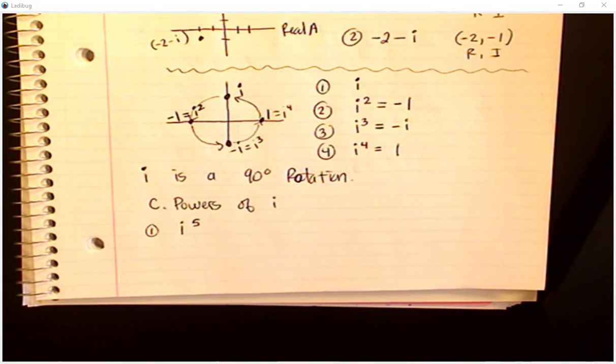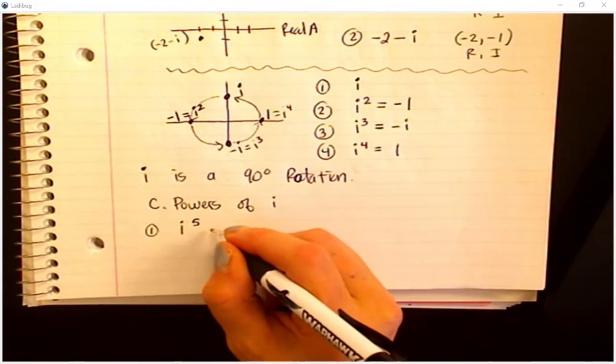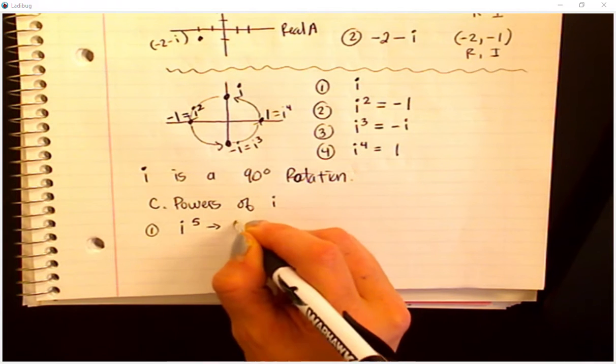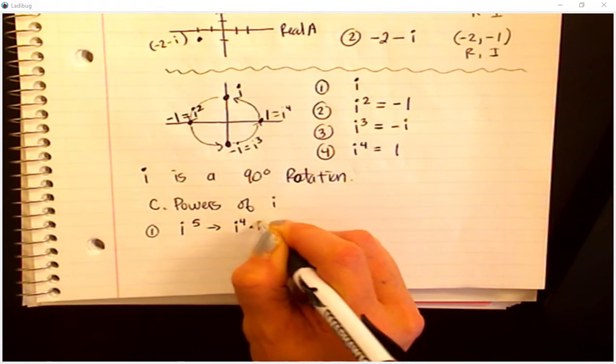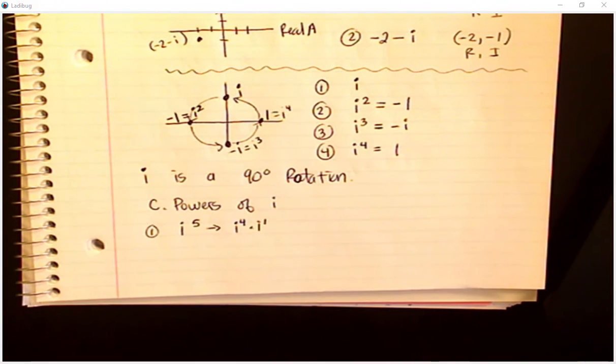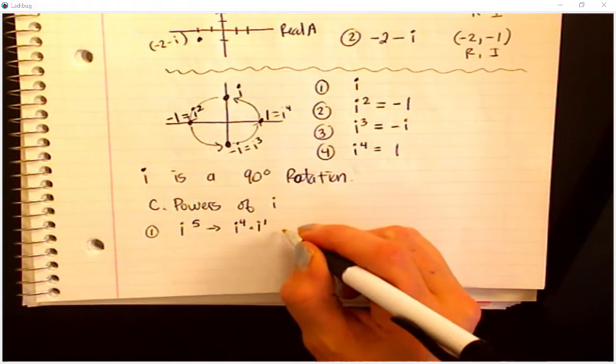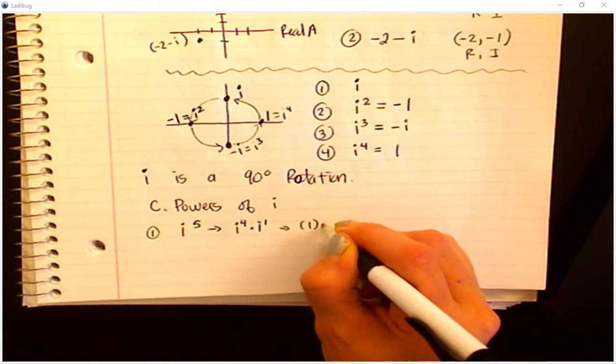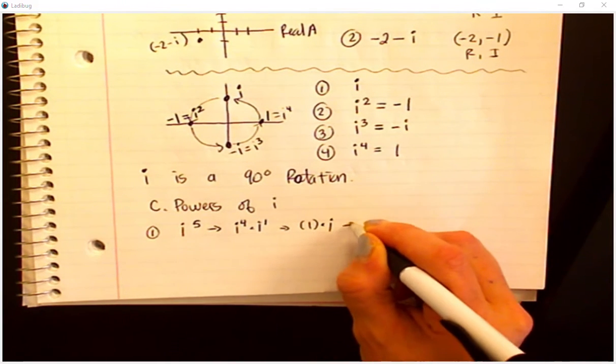I'm going to break it down: i to the 4th times i to the 1st. What's i to the 4th? 1 times i.